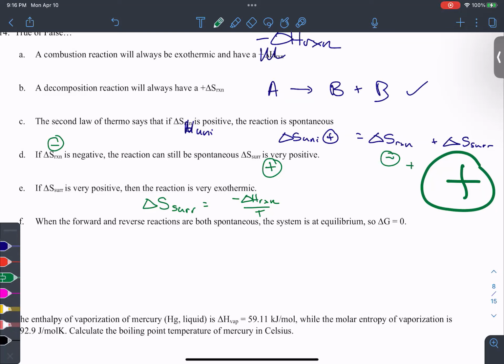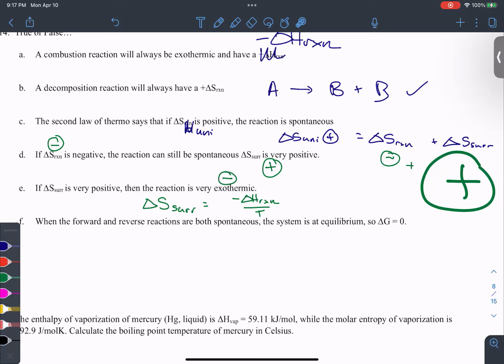If the reaction is exothermic, what is the sign of delta H reaction? Negative. So if you put a negative number into this equation, you get what? Positive. There we go.